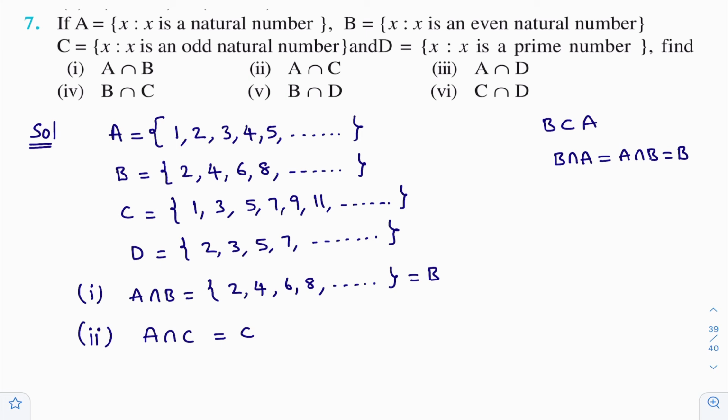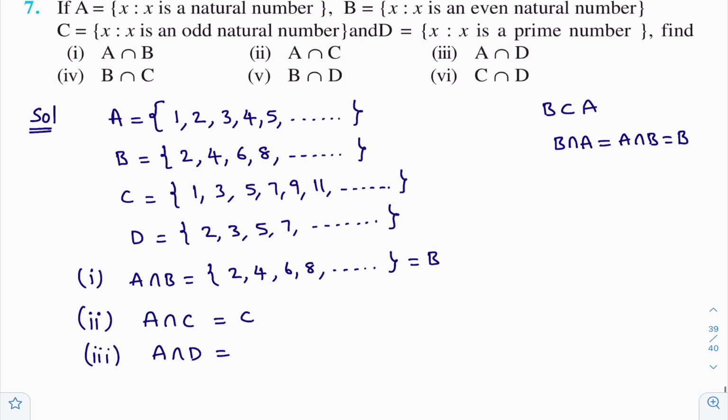Right. Now we'll move to the third bit. What is the third bit? The third bit is A intersection D. We need to calculate A intersection D. Can you say anything about this? Is A a subset of D or something like that? This is set A, this is set D. Now clearly we can say that D is a subset of A. Here each prime number is a natural number.